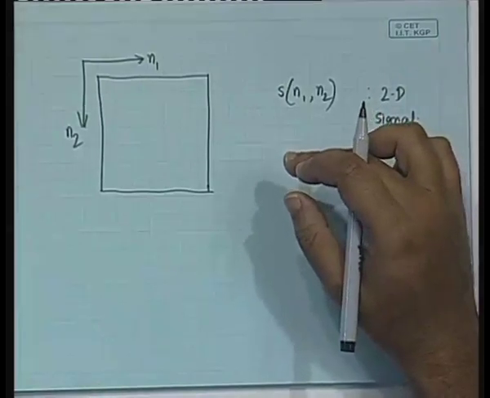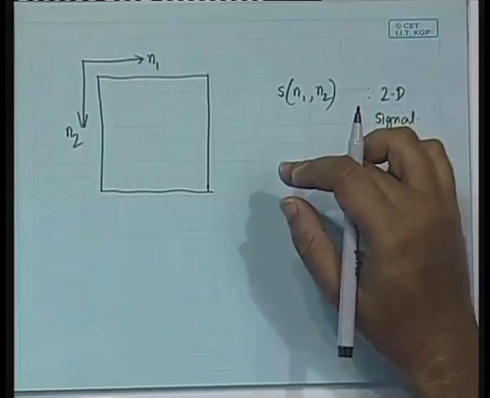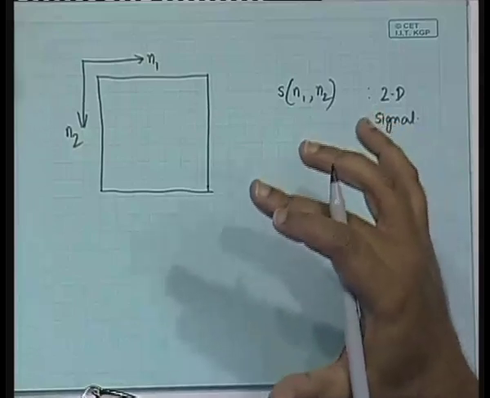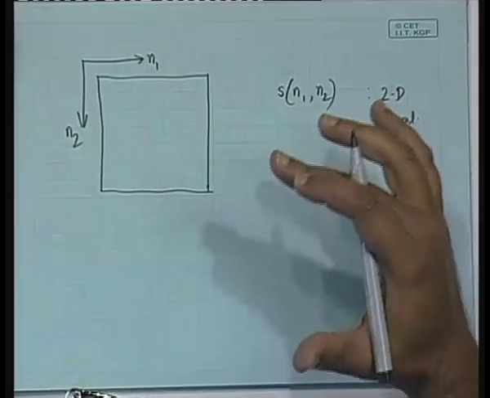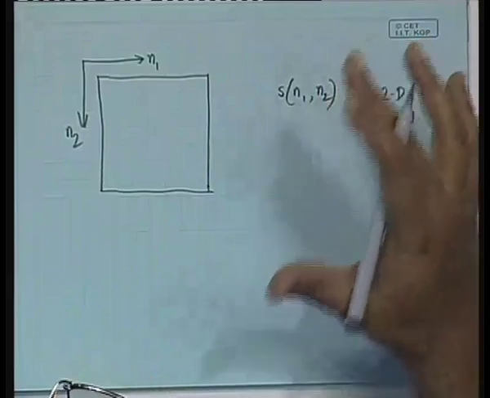Here the sampling is done for the analog image waveform. We have an analog 2D waveform, but whenever we digitally represent it, that waveform is sampled at some specific positions, and we represent it as S n1 n2, the sampled version of the analog signal.